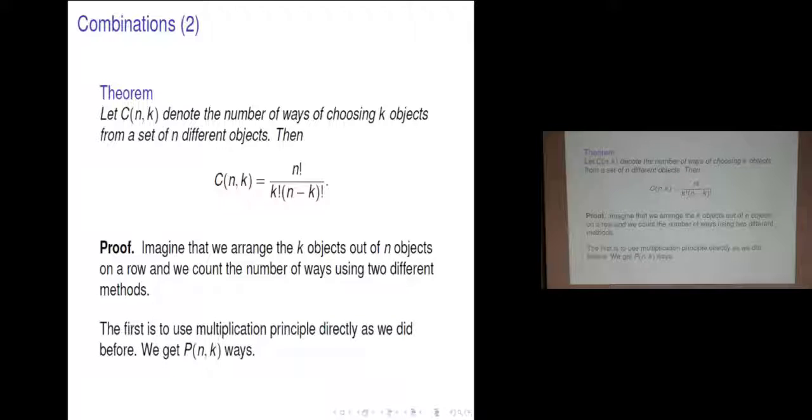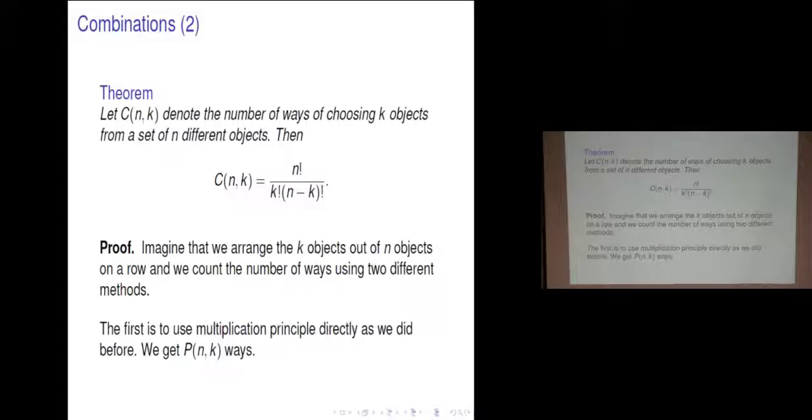The first method is to use the multiplication principle, just like we did. The answer will be P(n,k). You know that there are n choices for the first position, n minus 1 for the second, and multiply them, so you get this number. This is the number we count using method 1.